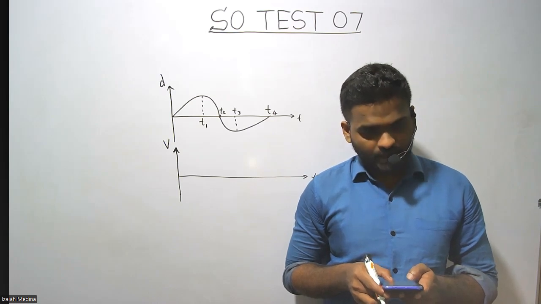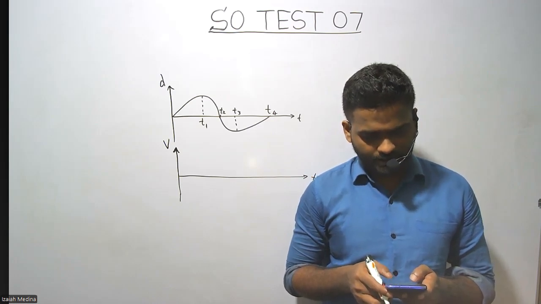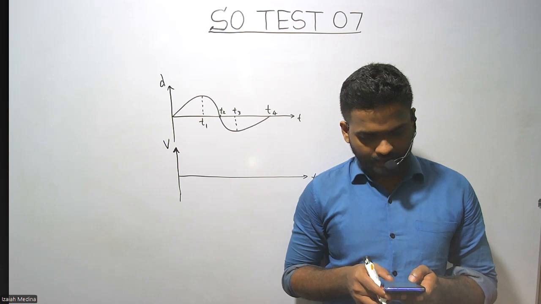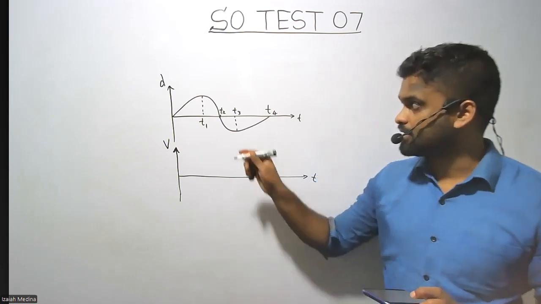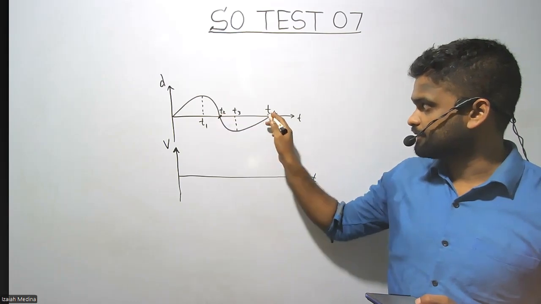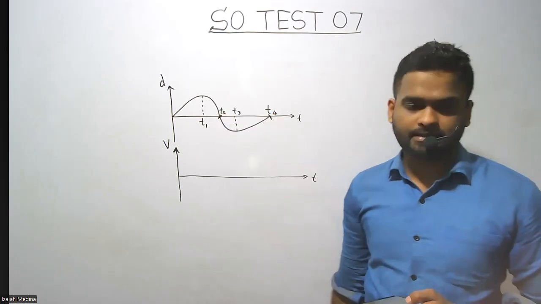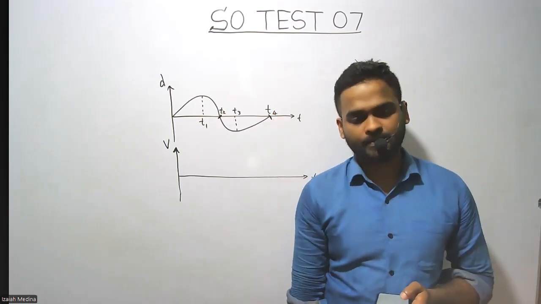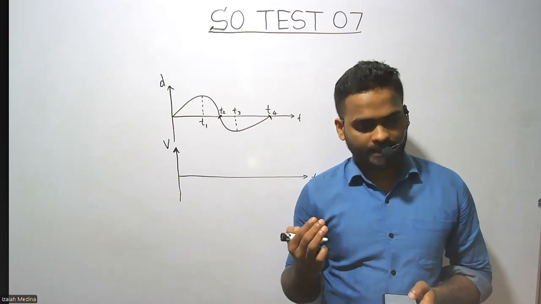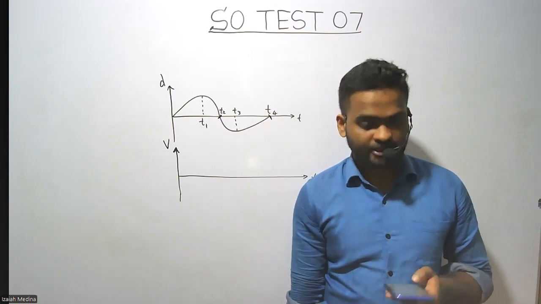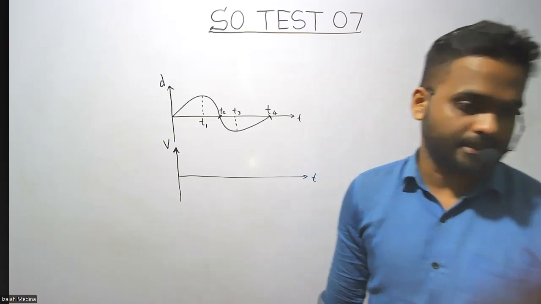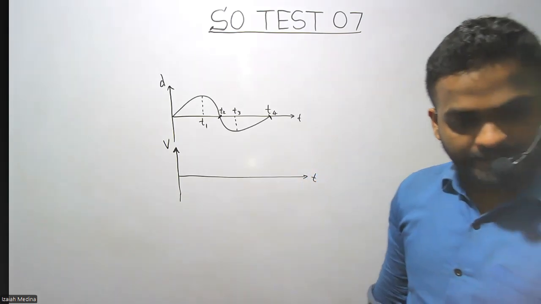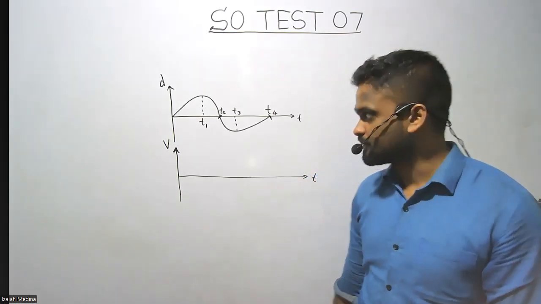So in the first part they ask whether, at T2 and T4, the direction of velocity changes. T2 and T4, here and here. Actually we can find that, but it is better to convert this whole thing into a VT graph first, so we can easily get the answers required.